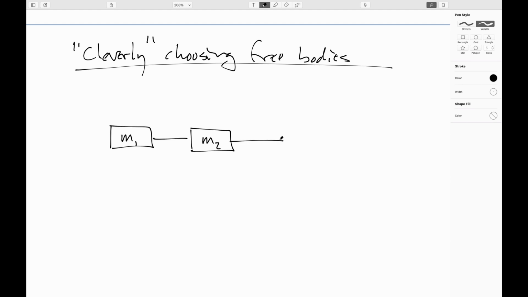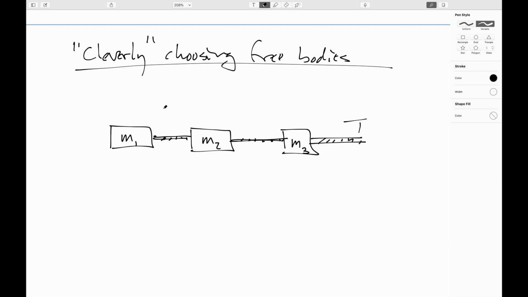So let's say I've got 3 crates like so. And it's attached to a rope. So we'll draw a rope. And so there's tension T in the rope. And we can assume that these are hooked together with ideal physics ropes here as well.